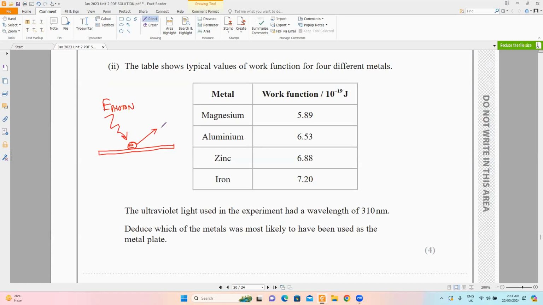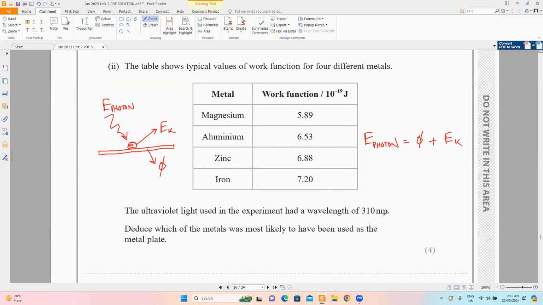What energy does it possess? A kinetic energy. So this metal surface has a work function. So all of this comes from this photon energy. So this is the famous Einstein's photoelectric equation. That is, the energy of the photon is equal to phi plus the kinetic energy.